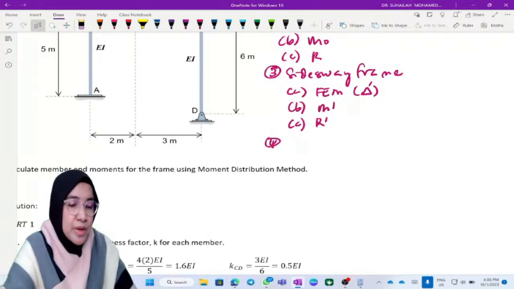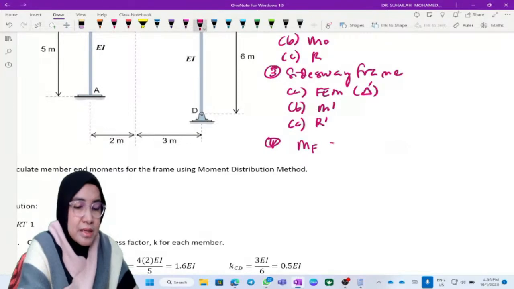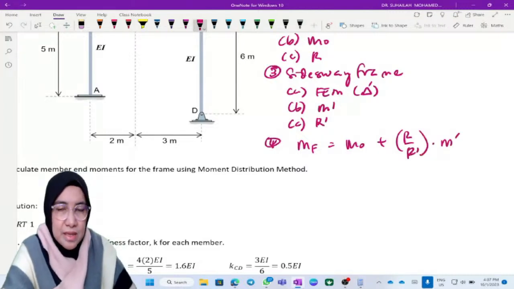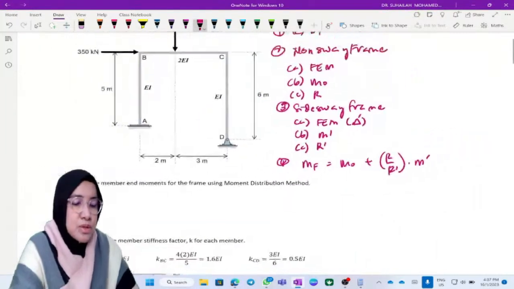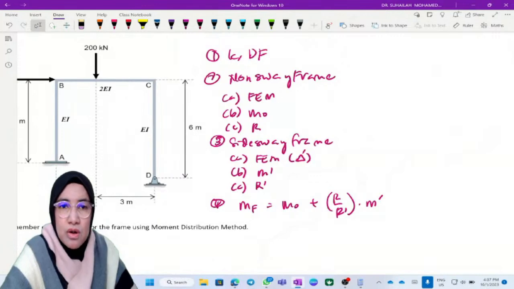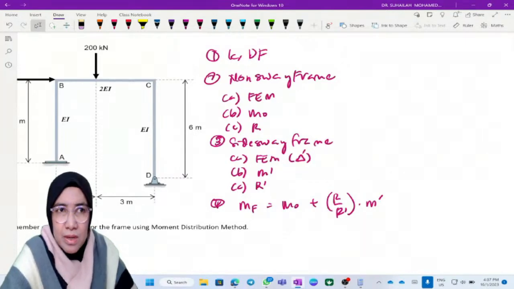The final equation is M final is equal to M naught plus R divided by R prime times M prime. So that is the final equation. You have to follow all these steps whenever you want to analyze frame with sidesway.